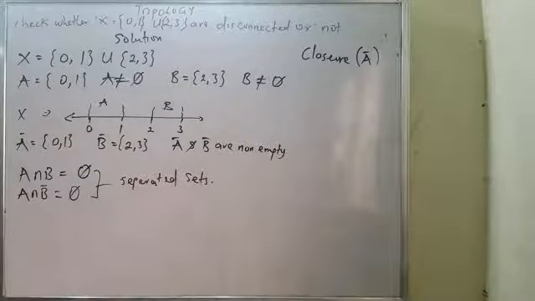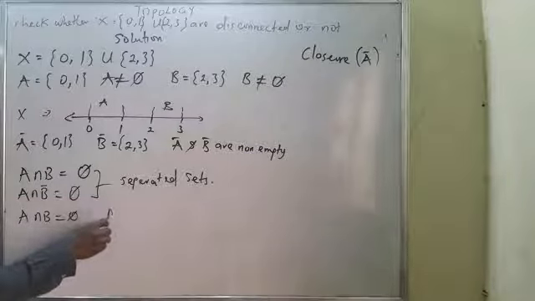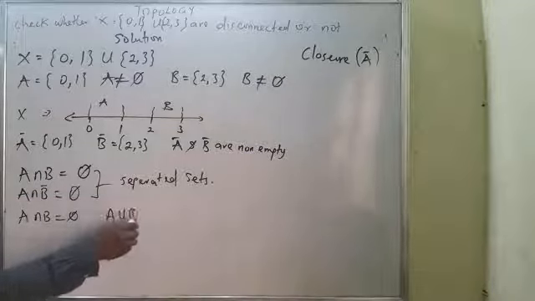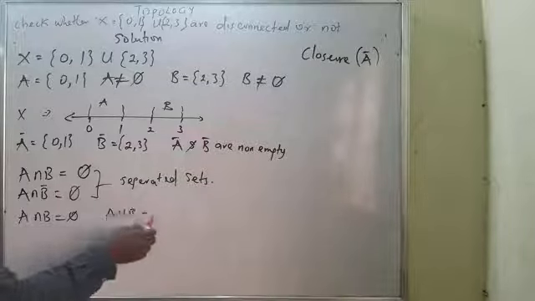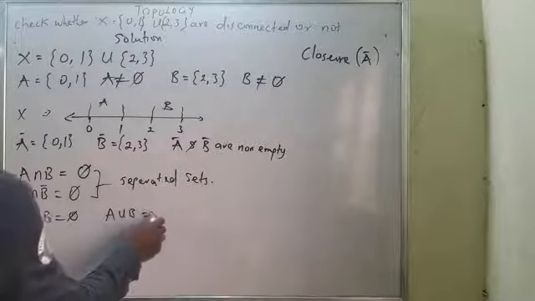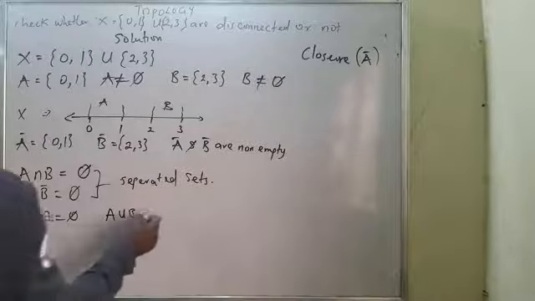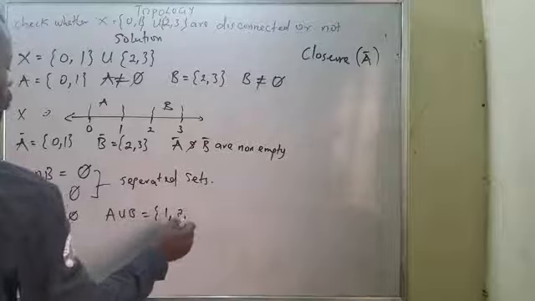Now let's move on to A intersection B. A intersection B is empty, and A union B is equal to what? Union is going to be 0, 1, 2, 3.